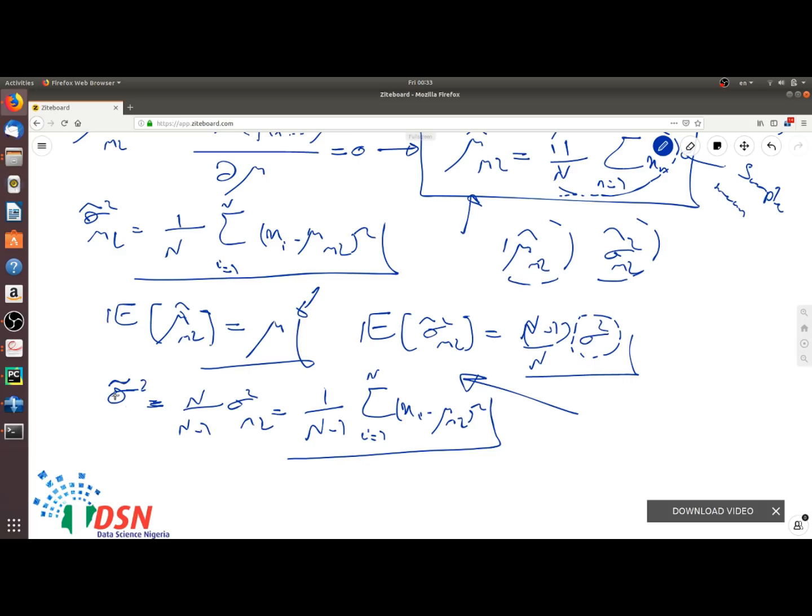Now if we define our estimation in this way, this could be an unbiased estimation of the variance. About the advantages and disadvantages of maximum likelihood, we will talk about it in much more detail later, so don't worry too much about it. This is just an introduction.